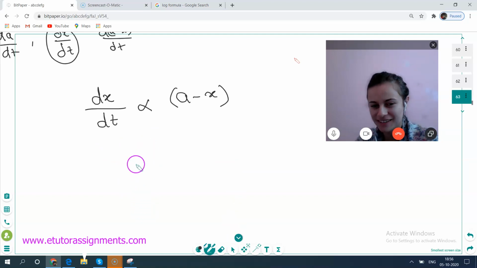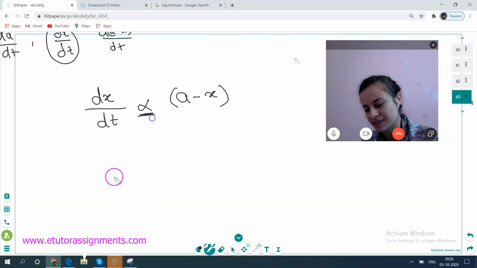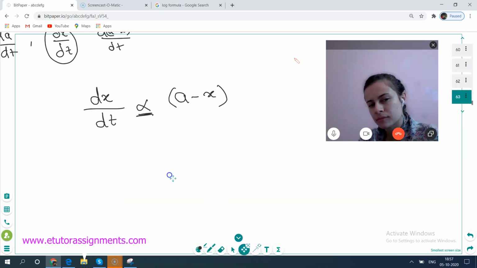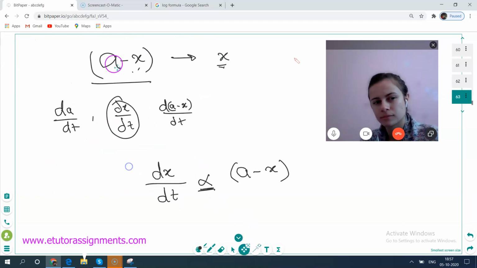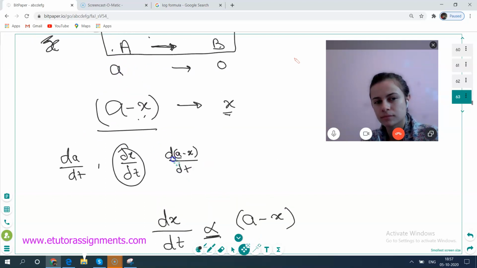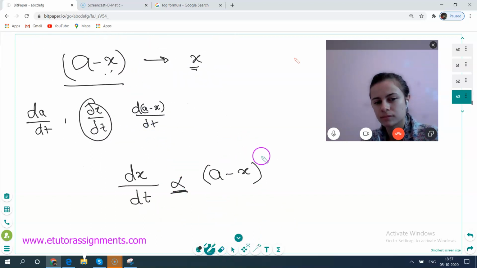See, the proportionality is there. What I have to do is remove this proportionality. I forgot the power here. Since it is a first order reaction, power is not there, so I have to write k times (A minus x) to the power 1. Is it clear?